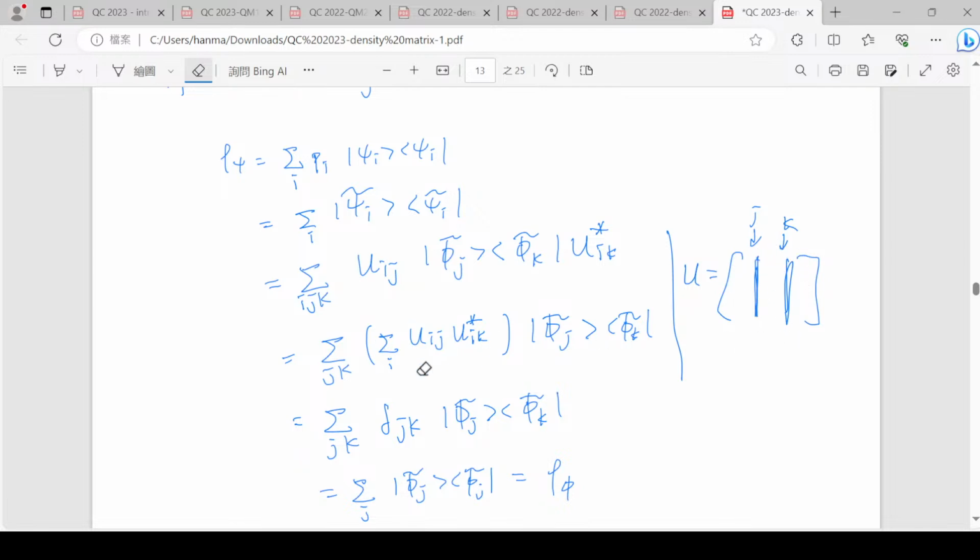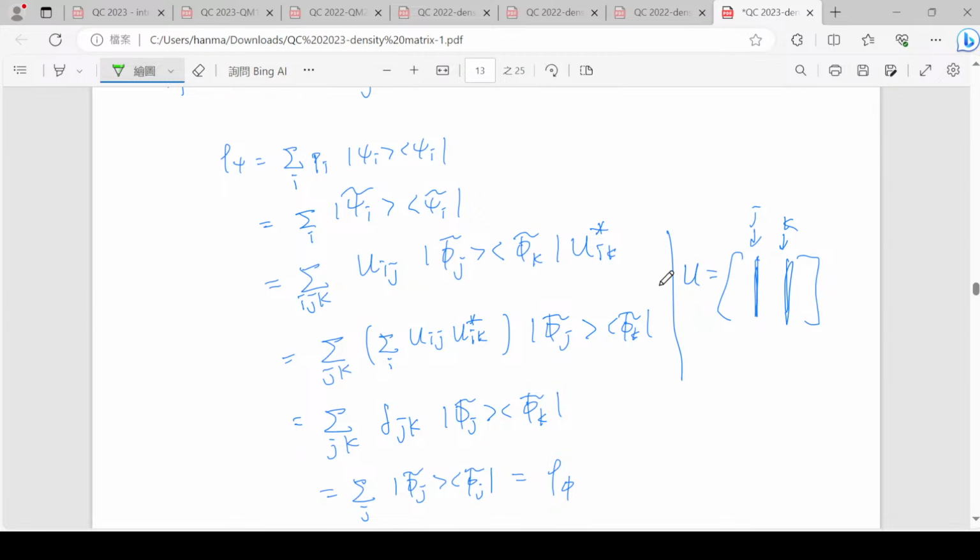So this is the inner product between columns, and you have the star here because we are doing a complex number inner product, so one of them needs to take a complex conjugate. This is the inner product between two columns of a unitary matrix.